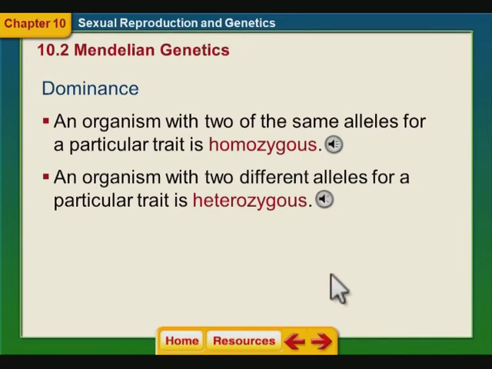Now, you could also have homozygous short, and that would be little t, little t. Another variation would be to be heterozygous tall, and that would be capital T, little t. Okay, so homozygous is saying that you have the same letter combination, and then heterozygous would be a different letter combination.